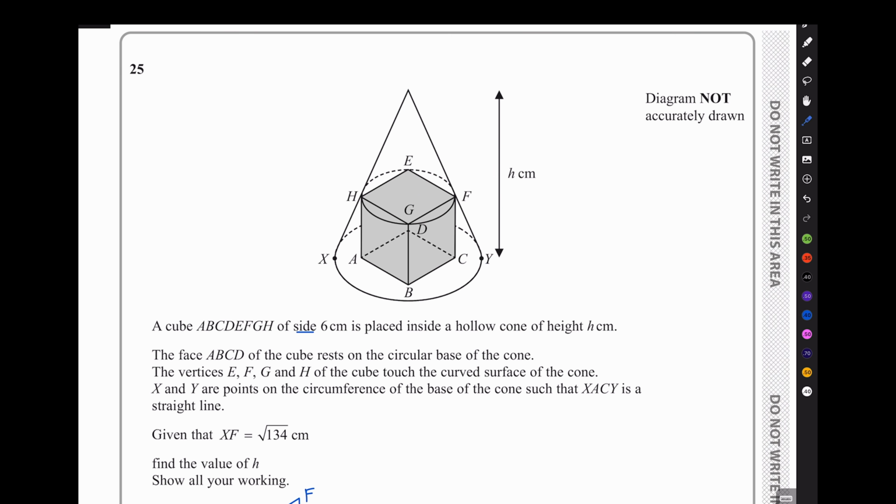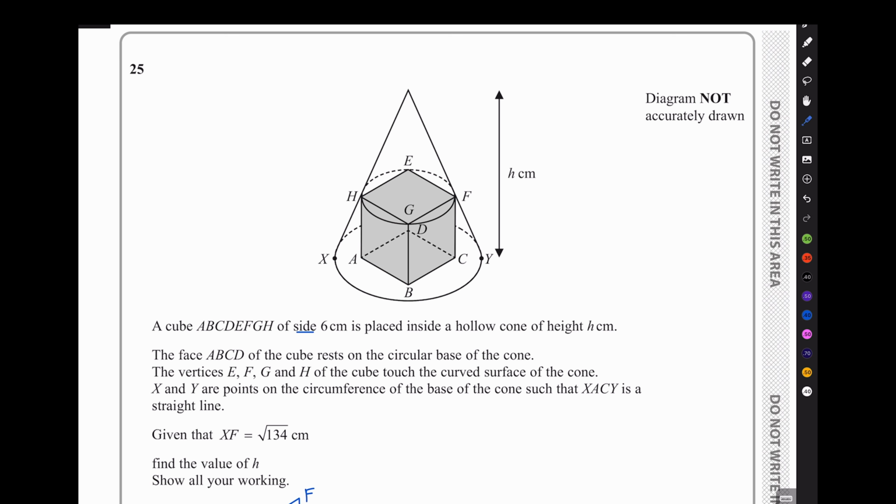So yeah, that's exactly what I'm going to do. So do I know the radius of the smaller cone? I can find it, right? For example, I can find the length of the diagonal, and half of it is the radius of the smaller cone. And I can find the radius of the larger cone as well, since I know X.